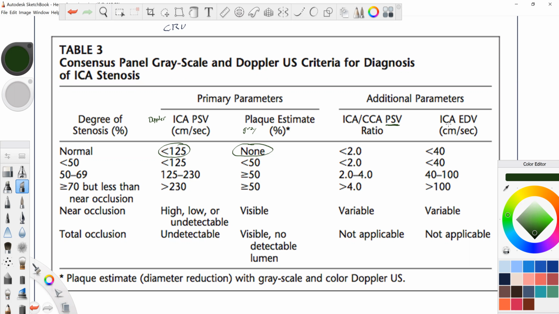And the ICA end diastolic velocity, now that's not just anywhere, that's of course at the stenosis. At the stenosis we're looking at there. So in any case, if we find all those parameters, we have normal.